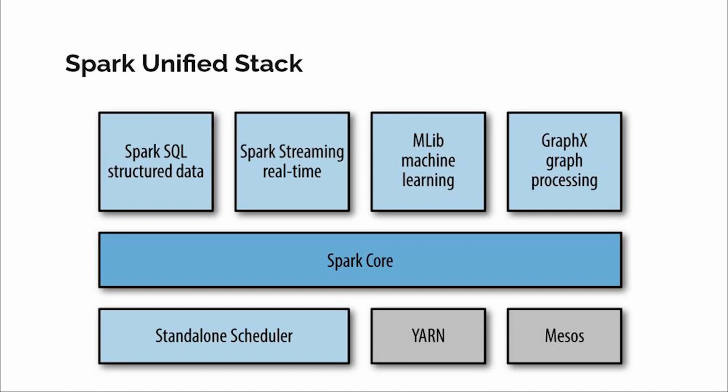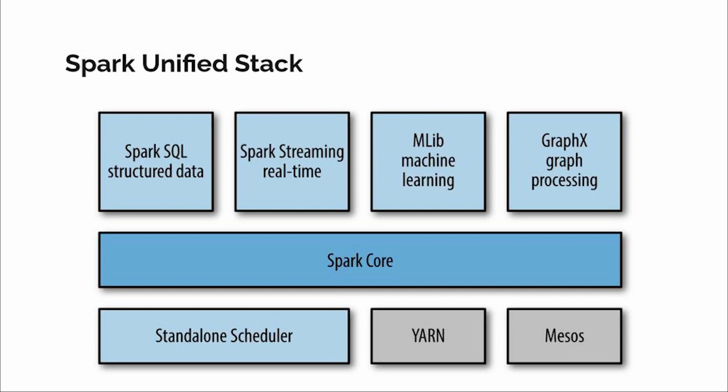Spark Streaming provides processing of live streams of data. The Spark Streaming API closely matches that of the Spark core API, making it easy for developers to move between applications that process data stored in memory versus arriving in real time. It also provides the same degree of fault tolerance, throughput, and scalability that the Spark core provides.